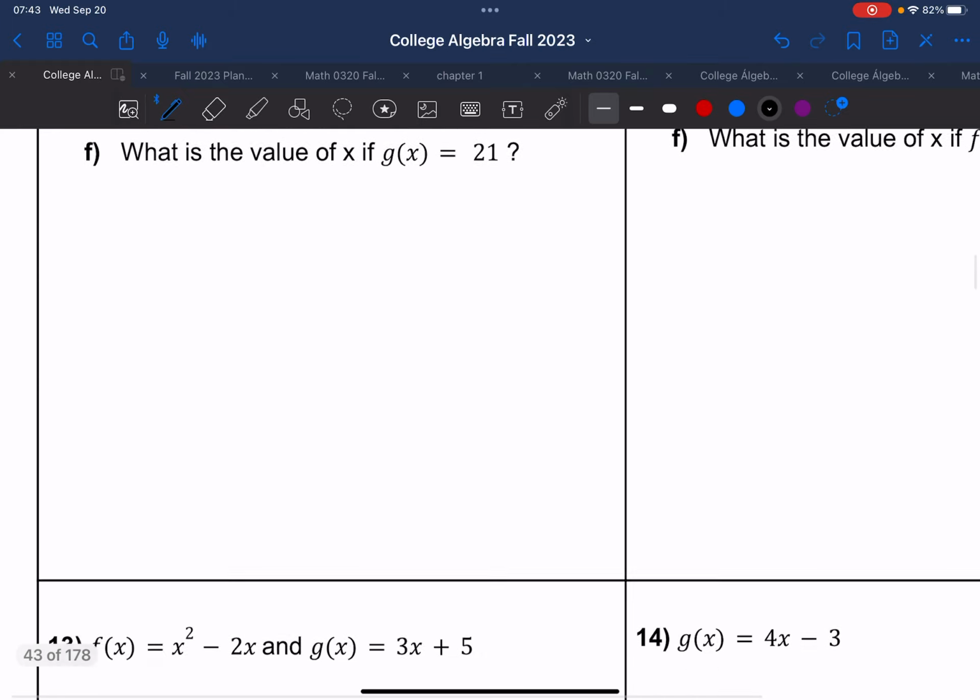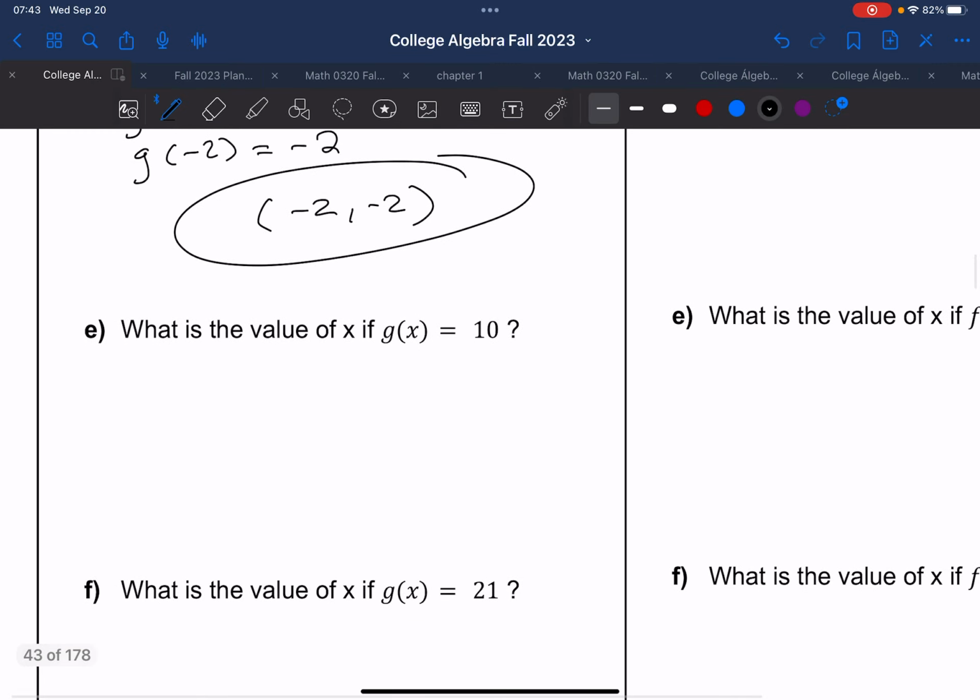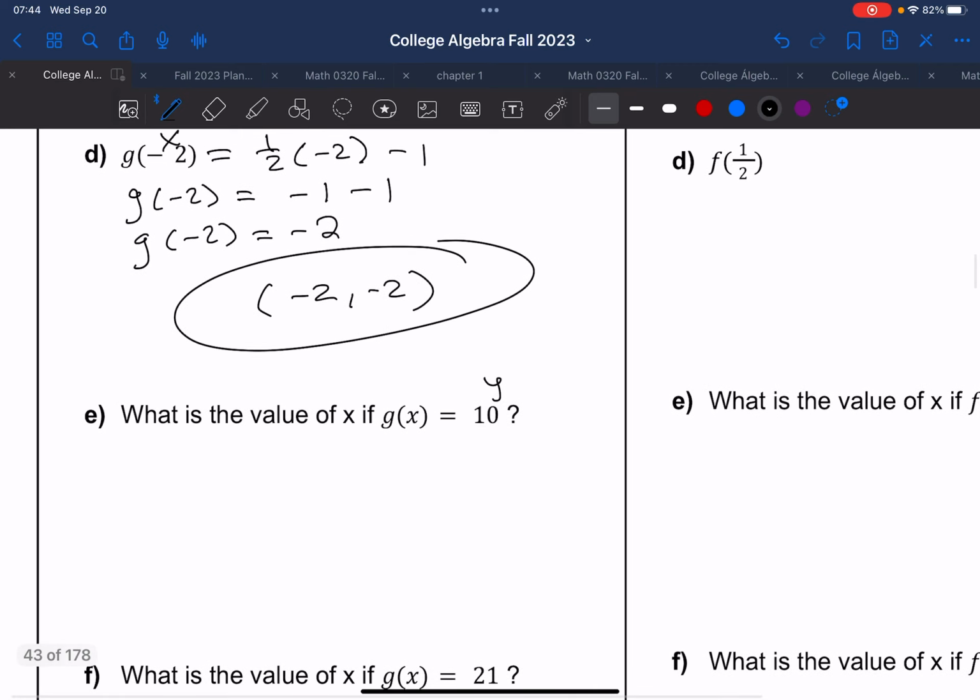What about for E and F? E and F says, what is the value of x if given g of x equals a number? So in this case, are we given x or are we given y? Y. So for g of x equals 10, this is our y value. So we have 10 is equal to 1/2 x minus 1.